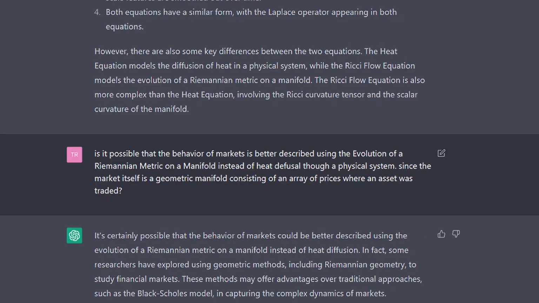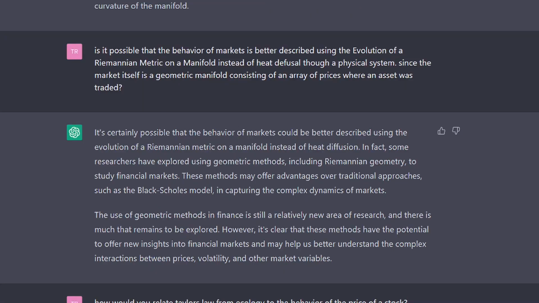Is it possible that the behavior of markets is better described using the evolution of a Riemann metric on a manifold instead of heat diffusion through a physical system, since the market itself is a geometric manifold consisting of an array of prices where an asset was traded? It is certainly possible that the behavior of markets could be better described using the evolution of a Riemann metric on a manifold instead of heat diffusion. In fact, some researchers have explored using geometric methods, including Riemann geometry, to study financial markets.